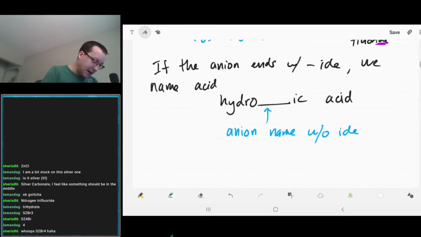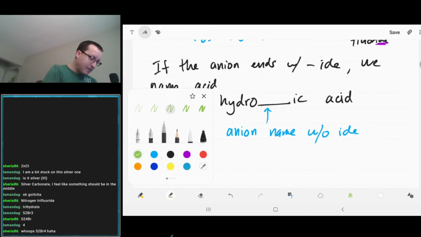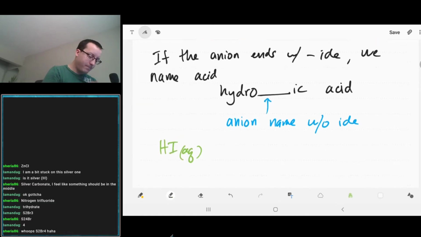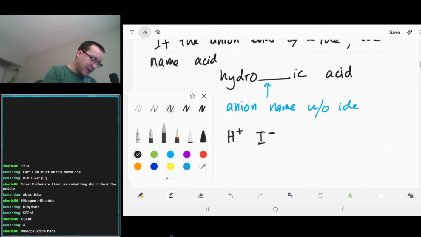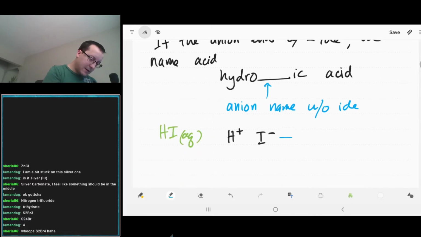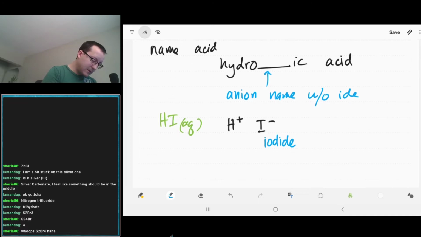So let's take a look at another example. This one is made of these two, right? The name of this guy is iodide. And so what we're going to do is get rid of that "ide" ending.